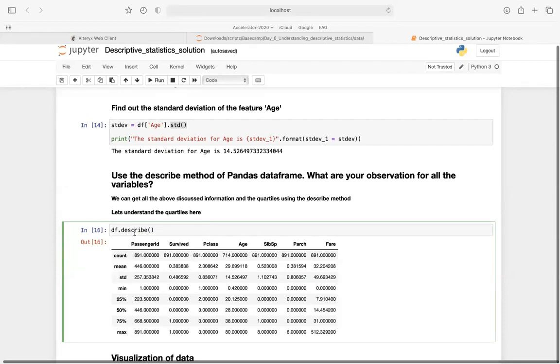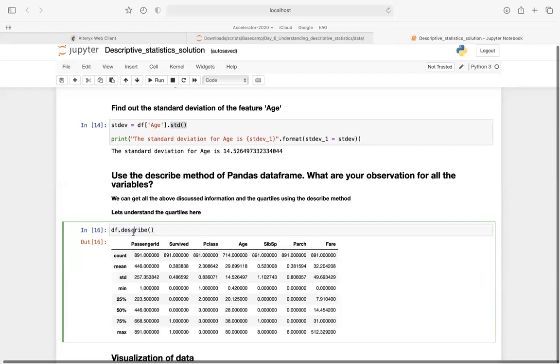If I use dot describe, it will give me a 5-point summary for all the numeric columns. I repeat, the dot describe method helps me get a 5-point statistical summary of all the numerical columns.